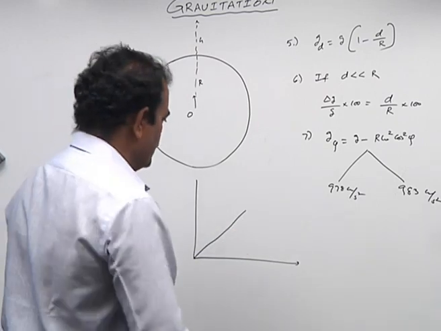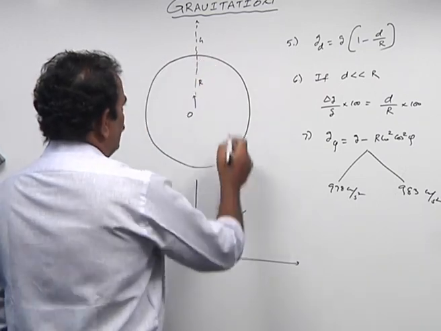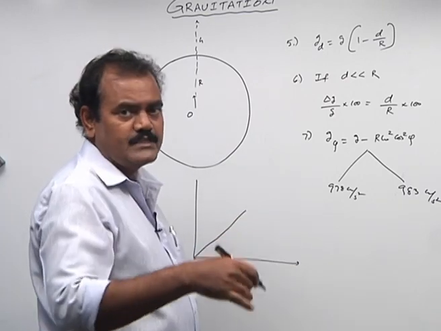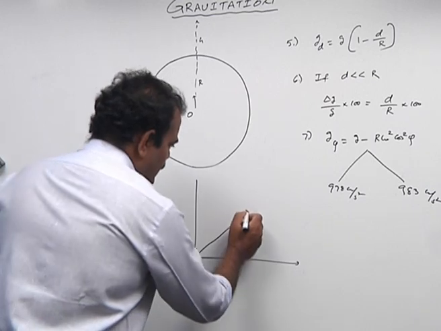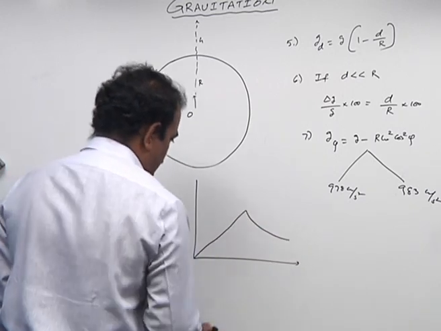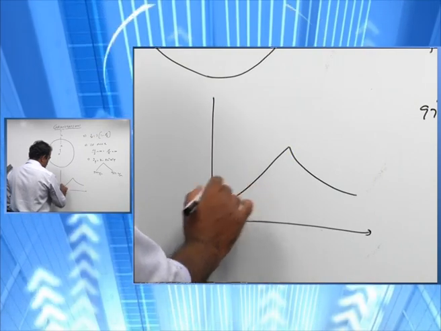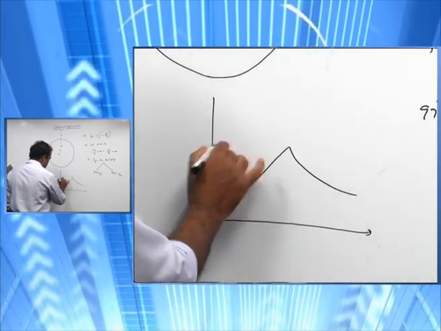At the surface it becomes a maximum, and thereafter g_h is equal to GM by (R plus h) whole square. So it will be drawn like this, it is a rectangular hyperbola. So g changes like this, and it becomes a maximum.